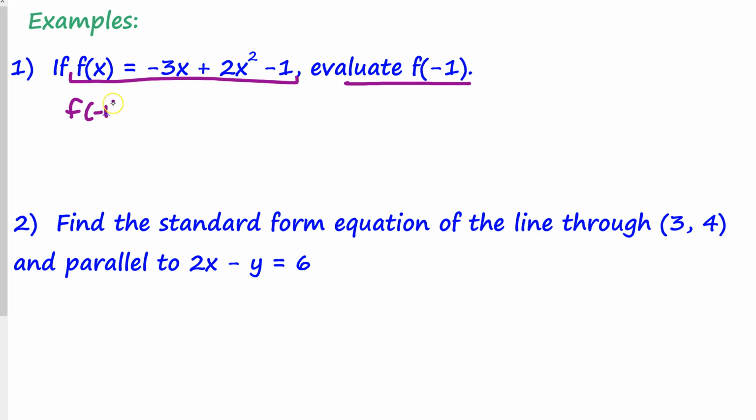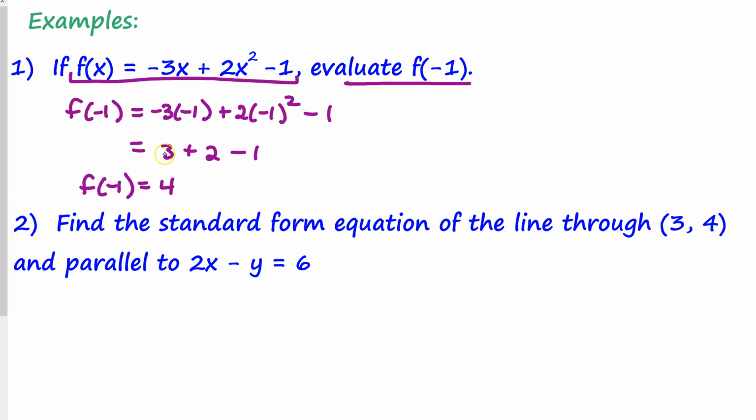So f of -1 is -3 times -1 plus 2 times -1 squared minus 1. Of course, we're going to use our order of operations. So we get 3 plus 2 minus 1, so we get 4. f of -1 is 4. Now, it is done. There's nothing else to do.